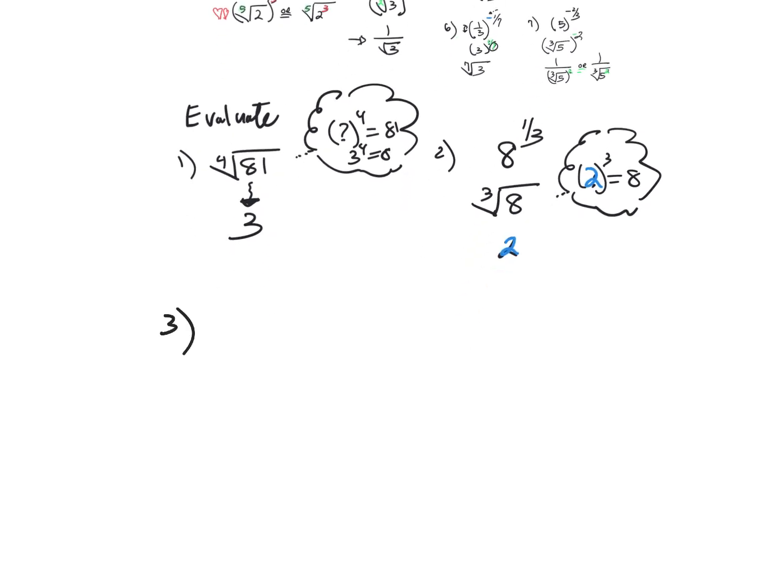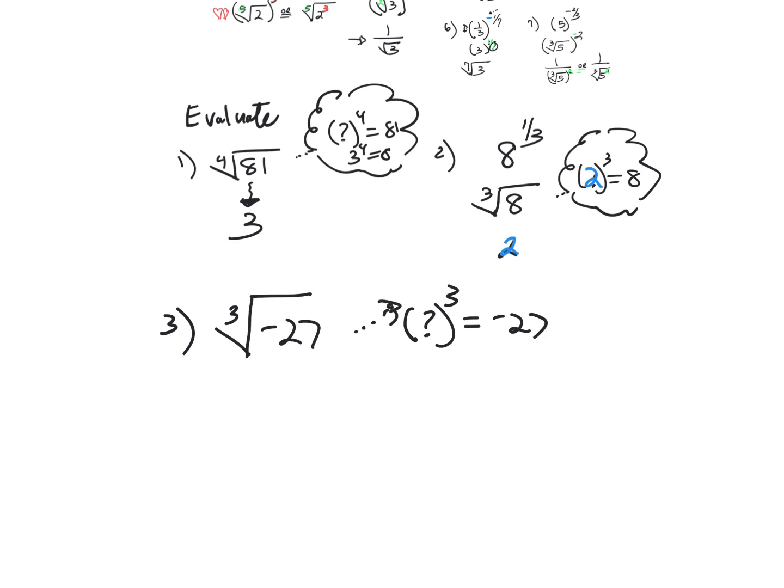If you have the cubic root of negative 27, we're thinking, what could you raise to the third power that would equal negative 27?